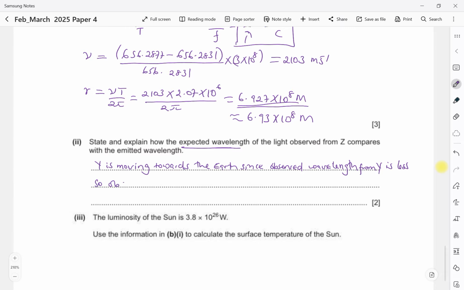So the observed wavelength from Z is also less than the emitted wavelength, since it's also moving towards the Earth.